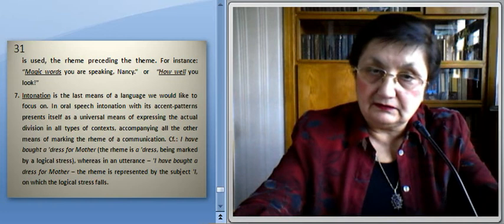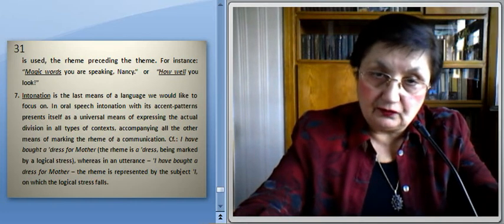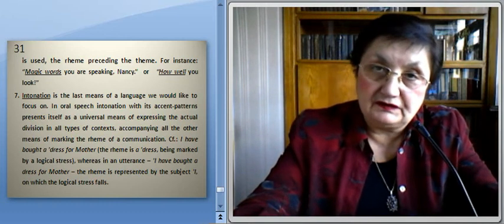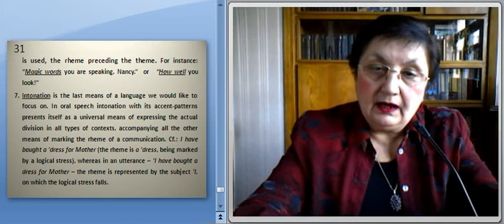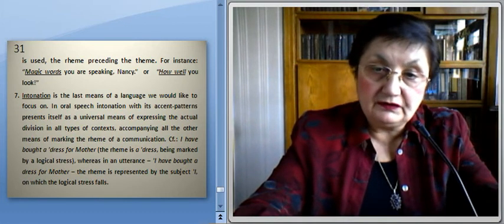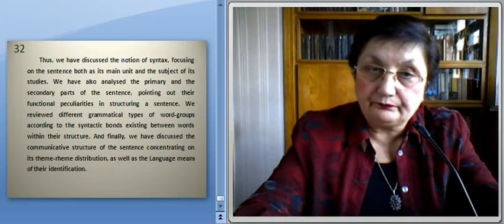Thus, we have discussed the notion of syntax, focusing on the sentence both as the main unit and the subject of its studies. We have also analyzed the primary and the secondary parts of the sentence, pointing out their functional peculiarities in structuring a sentence.